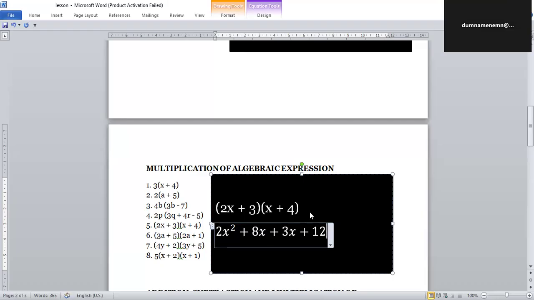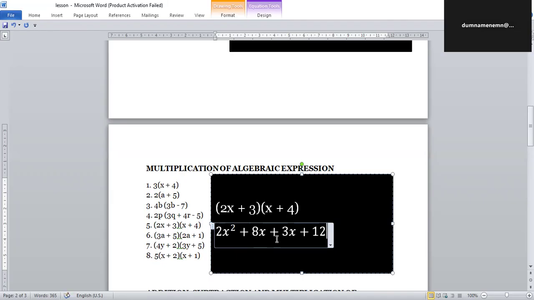Now, if you want to go further to simplify this, you can actually look for the terms that are actually the same. Then you can either add or subtract. So x squared, do you see x is here, x is here, but that doesn't mean they're actually the same. This one has index of 2, this one has index of 1. So we are not going to add them together.